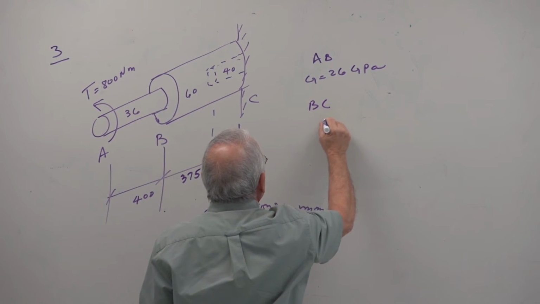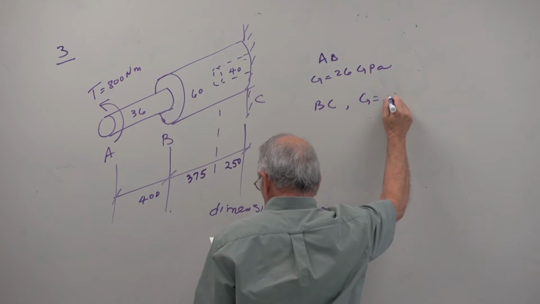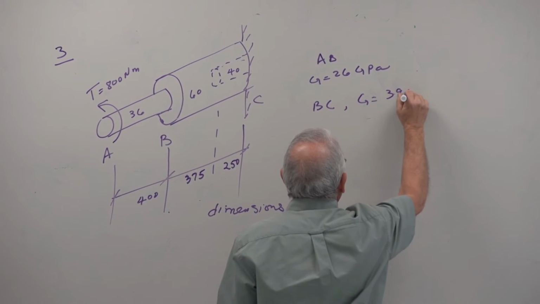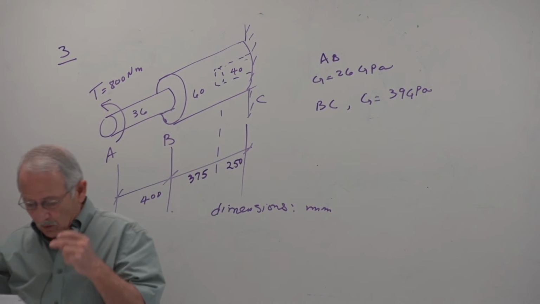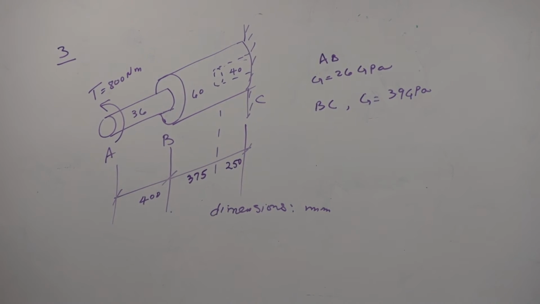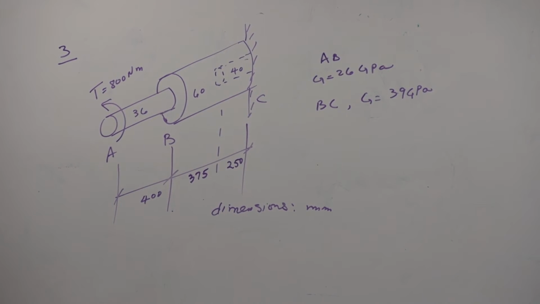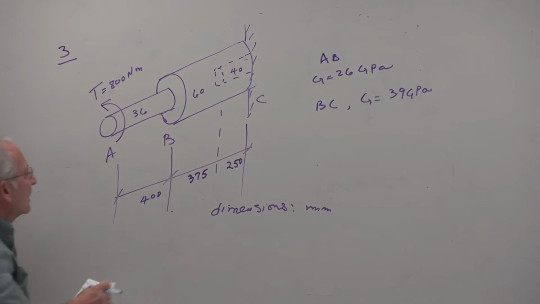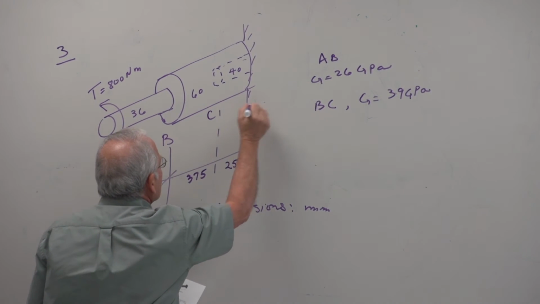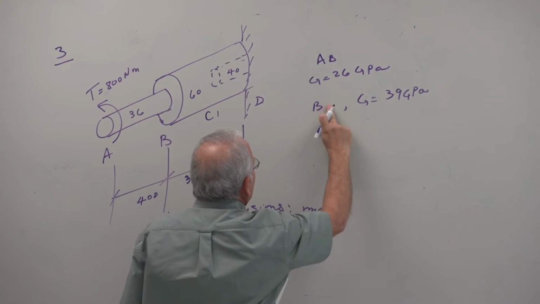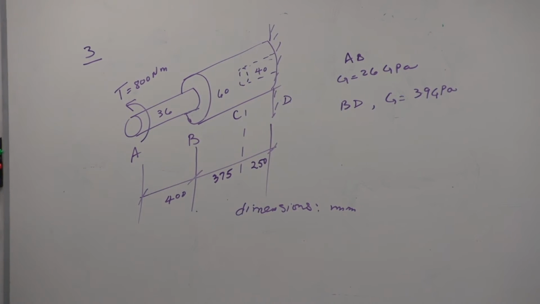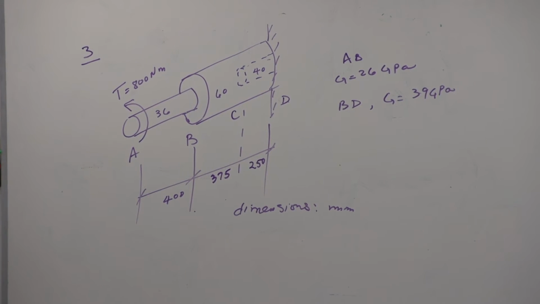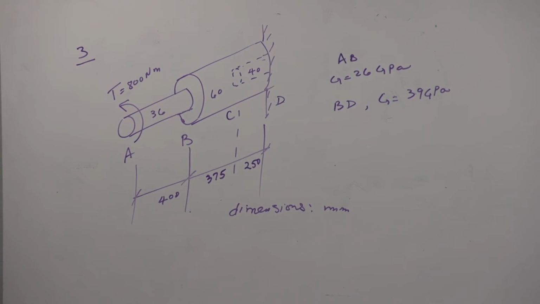For BC, G equals 39 GPa. Bonded to the rod BD rather than BC. I've marked it BC. Well, I might as well do BC. C here, D here, BD. Knowing that portion CD of the brass rod is hollow and has an inner diameter of 40 millimeters, determine the total strain energy of the two rods.